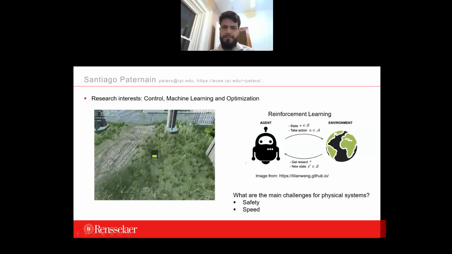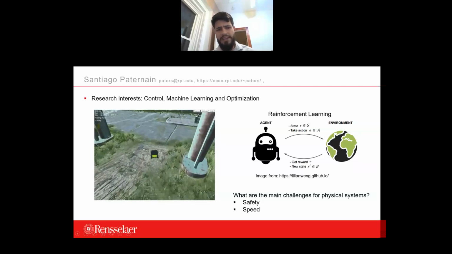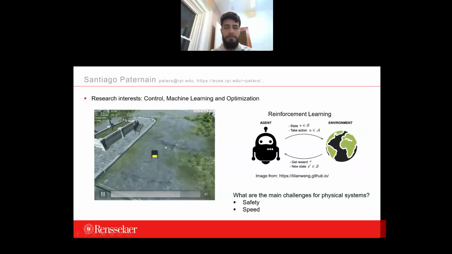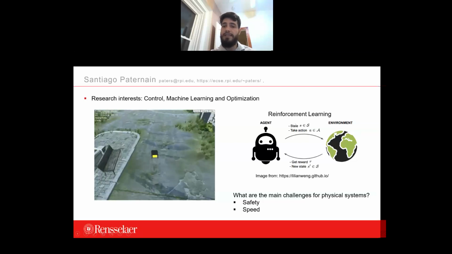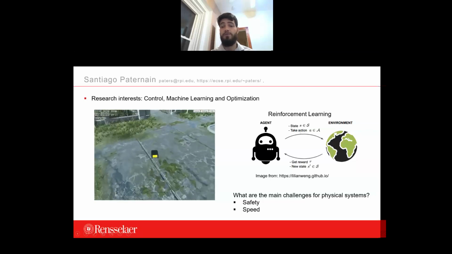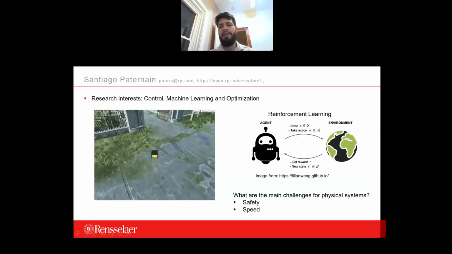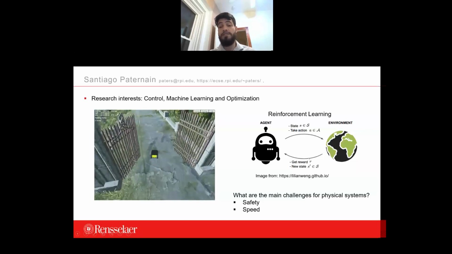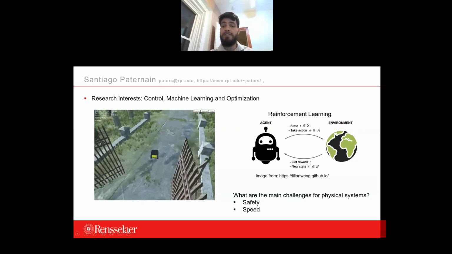Well, it works basically in this form. We have an agent, which in this case is our robot, that interacts with the environment, in this case the map that we are navigating. The agent has some state, which could be position and velocity, and it selects some action, which in this case is typically the acceleration. Once it selects that action, it transitions into a new state, and it receives a reward as well.